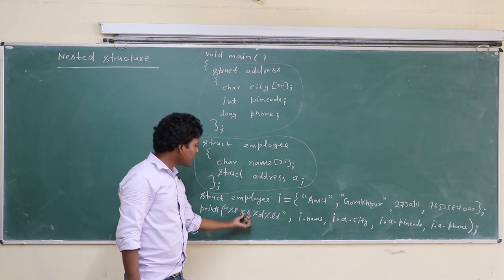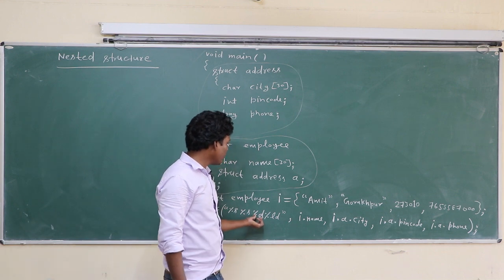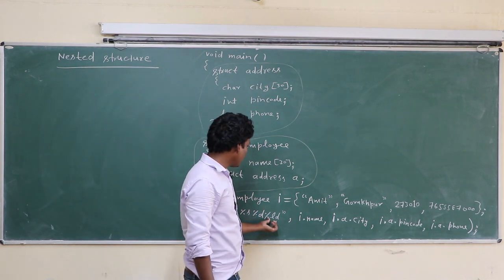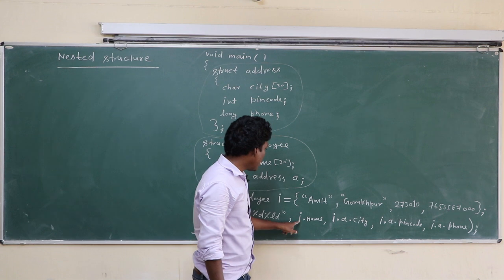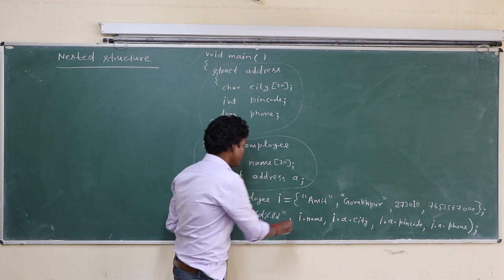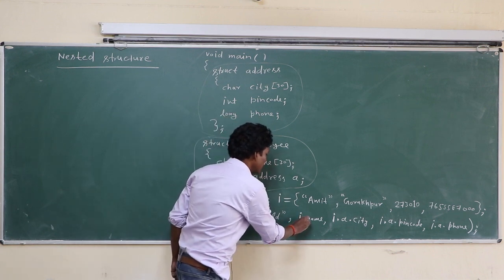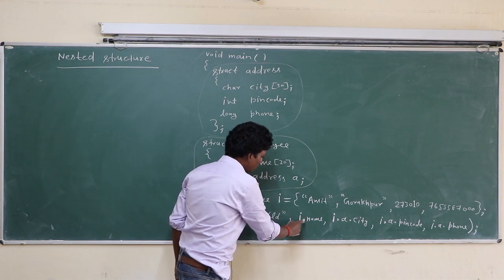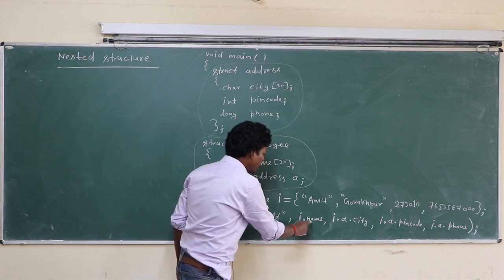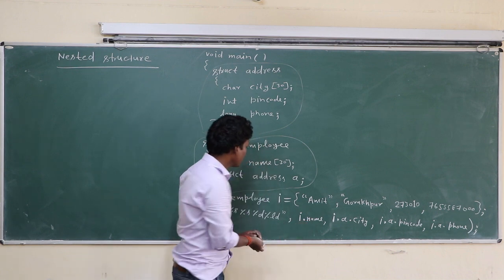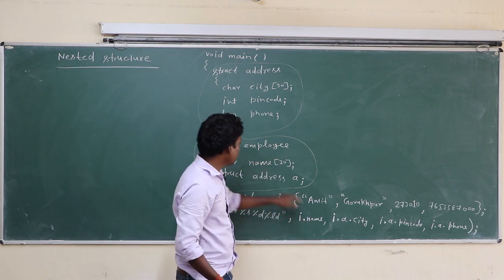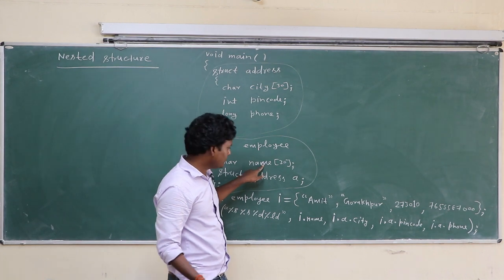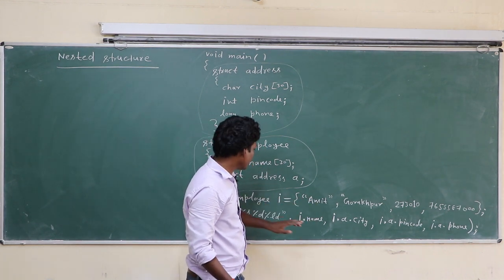Percentage s for name, percentage s for city, %d for pin code, %ld for phone number. So I dot name: we can access the structure elements by variable name, dot operator, and name of the structure element. So I dot name will be accessed here.